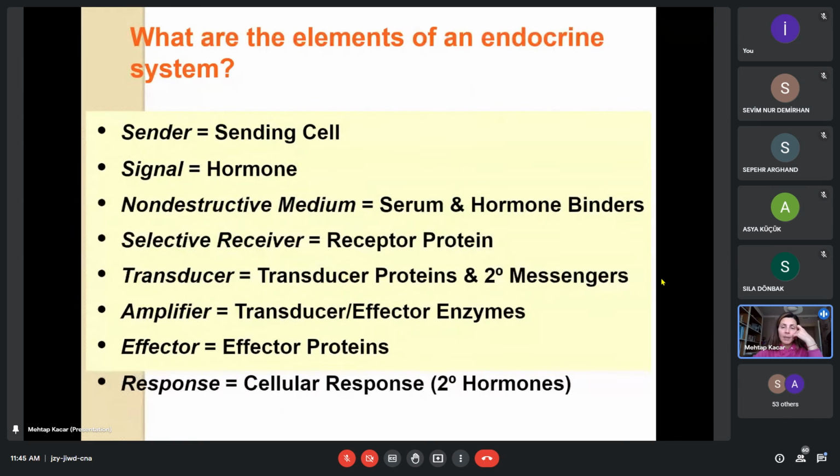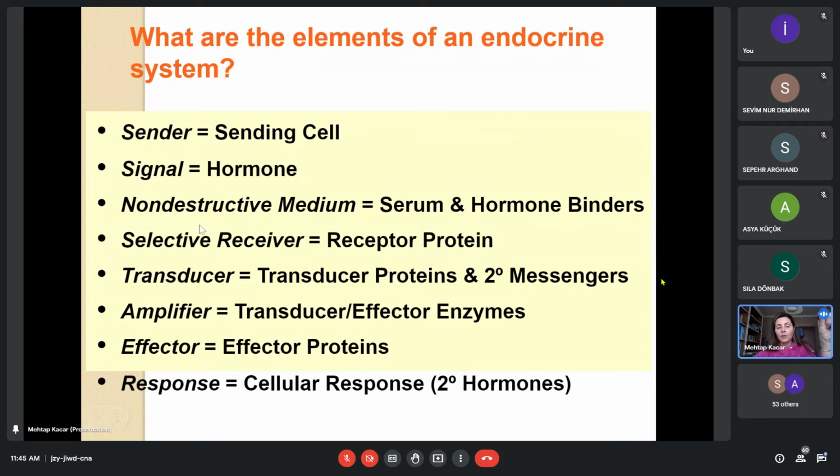What are the elements of an endocrine system? A sending cell; signal, which means hormone; a non-destructive medium, serum, or hormone binders, because when this hormone enters the blood it cannot undergo degradation, because sometimes they are carried via a protein, a hormone binding protein, which protects against degradation. So the non-destructive medium is so important for carrying them.